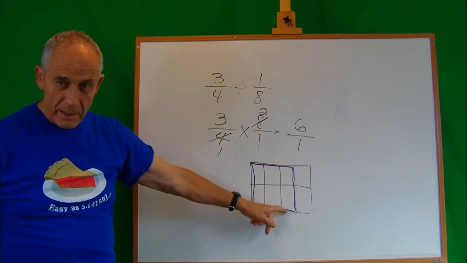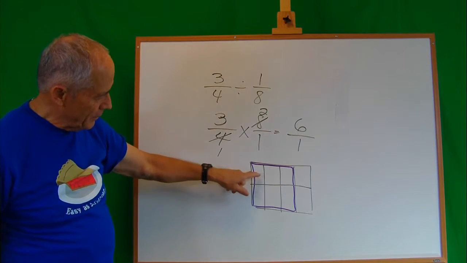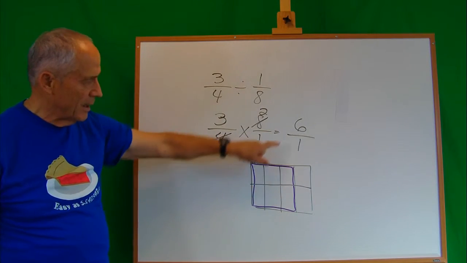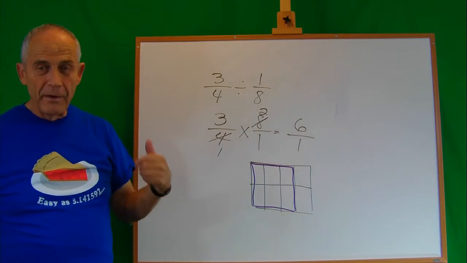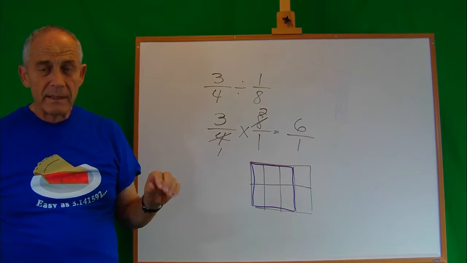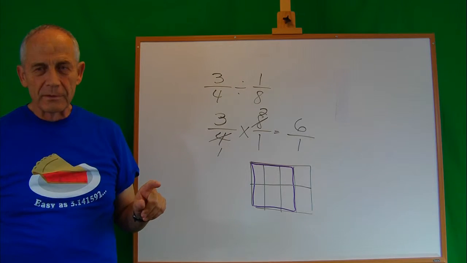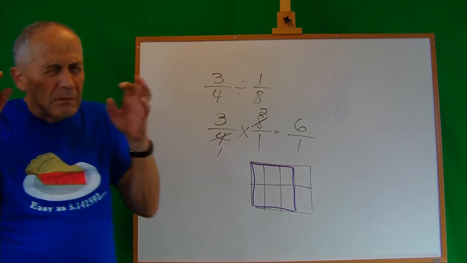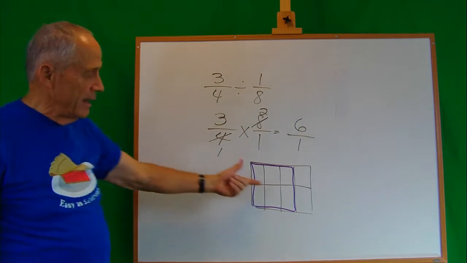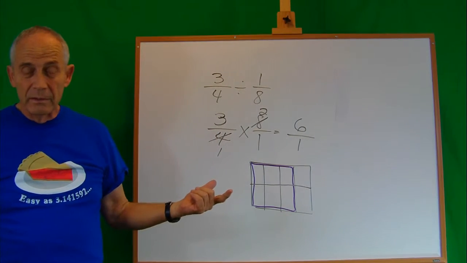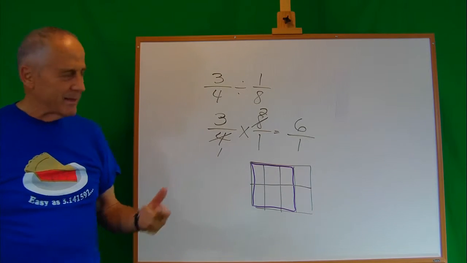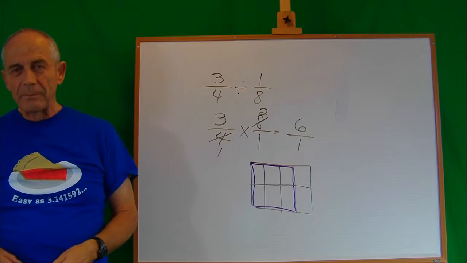The 3/4 part is the purple, and if you count those, you got 1, 2, 3, 4, 5, 6. Sure enough, there are 6 of these 1/8 in 3/4. Still not really clear and easy to see, but at least we can see that we got the same result. There are 6 of these 1/8 in this 3/4.